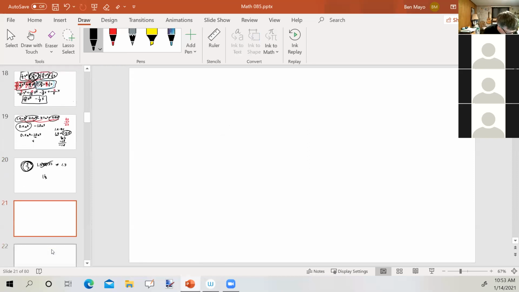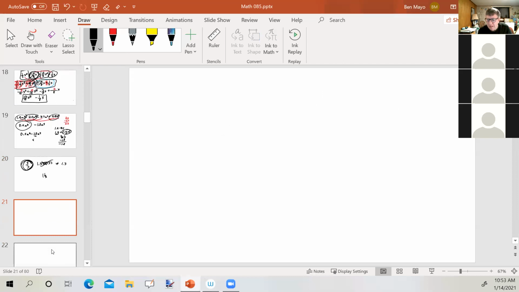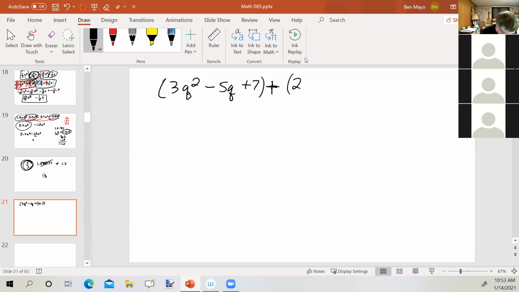Let's see here. This says, add the polynomials. So I've got the quantity 3q squared minus 5q plus 7 plus the quantity 2q squared plus q minus 12. I had a similar situation earlier.